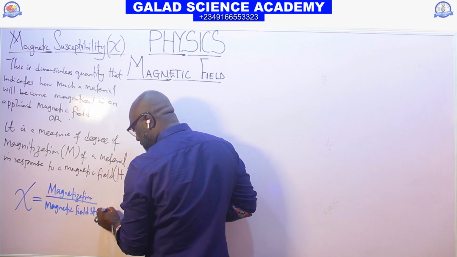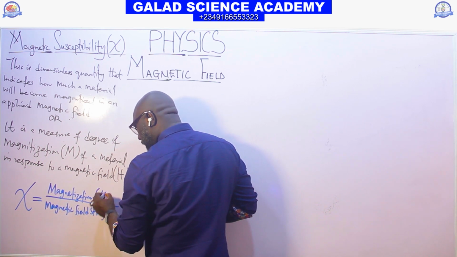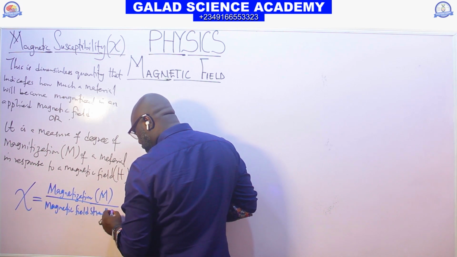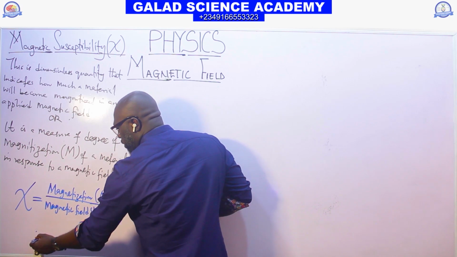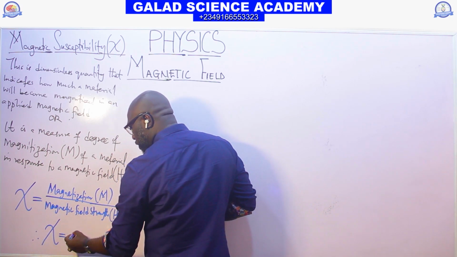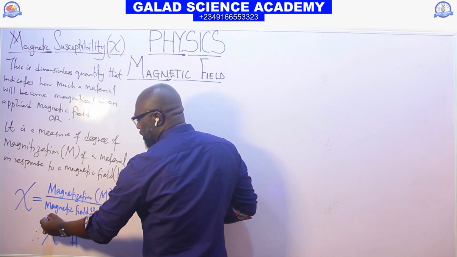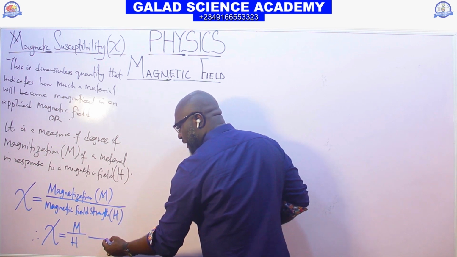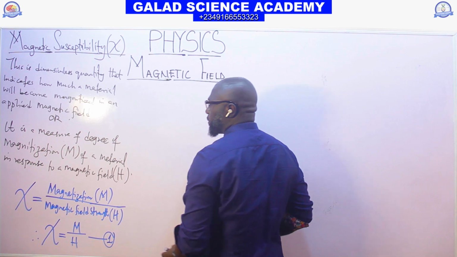This one is M, this one is H. So therefore, the magnetic susceptibility will be equal to M over H. This is the formula for magnetic susceptibility. Let me call it Equation 1.